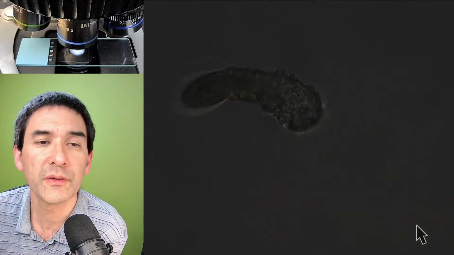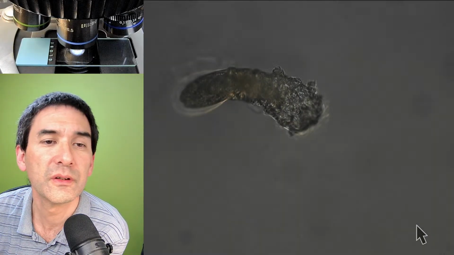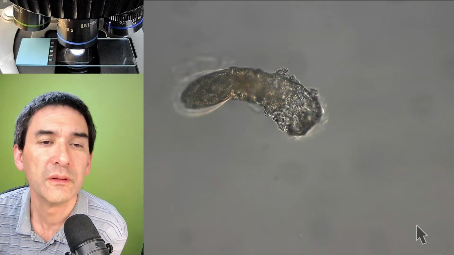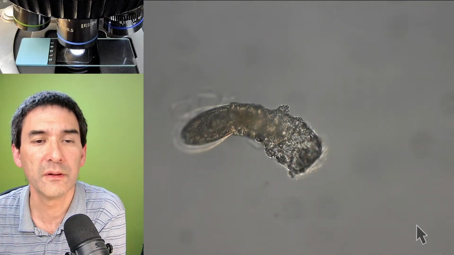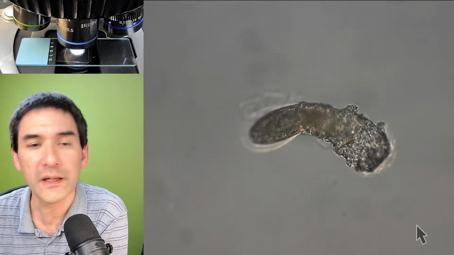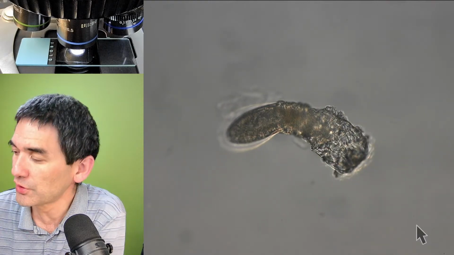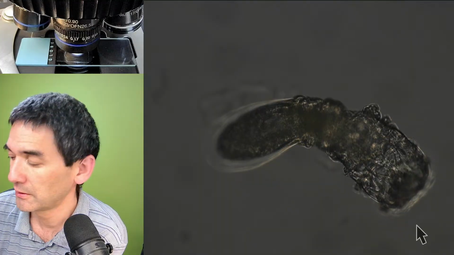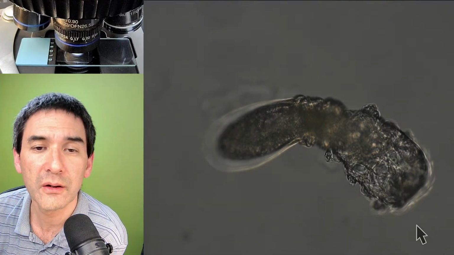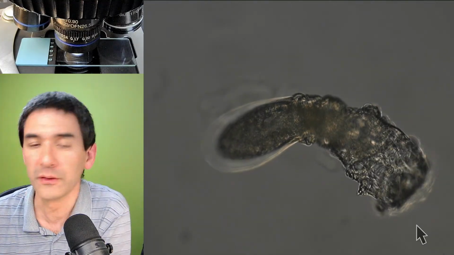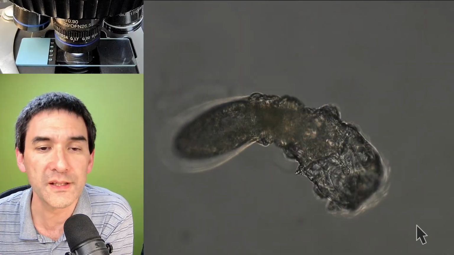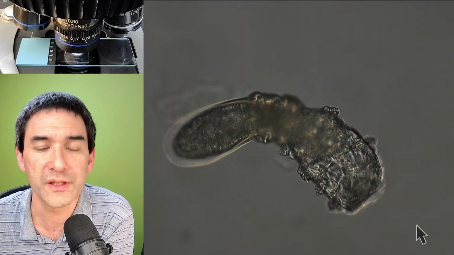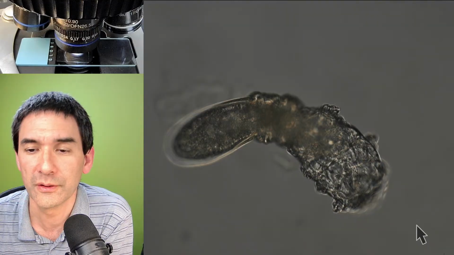Let's close the condenser. This gives me a slightly... So we can go up yet one magnification step further, 60 times. I'll not use oil immersion, but that is not the largest magnification here.